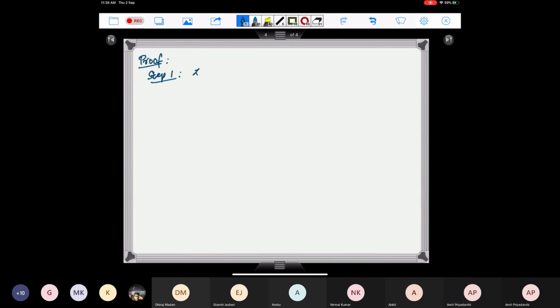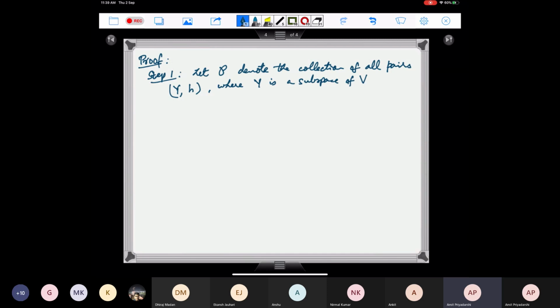So let P denote the collection of all pairs Y comma H, where Y is a subspace of V containing W and H from Y to R is linear.